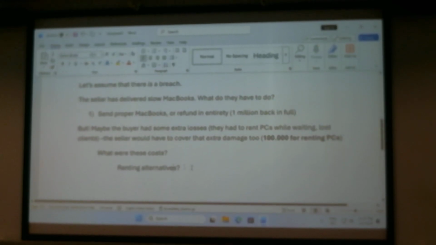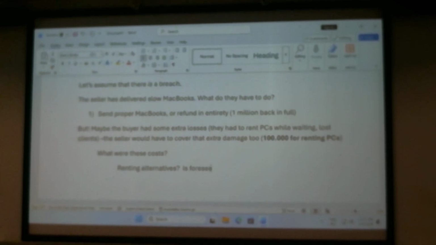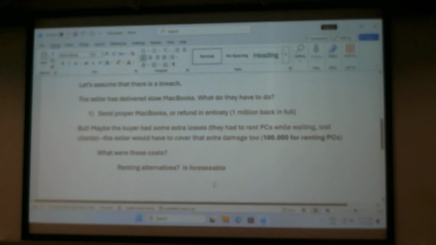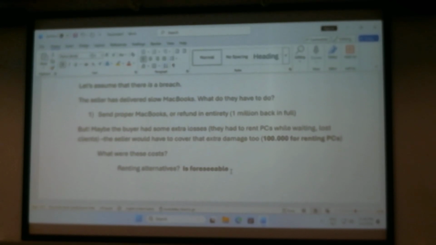That one, at the time of conclusion of the contract, is foreseeable. A reasonable person would think, if I don't deliver MacBooks, obviously it's fine that this other party is going to rent PCs.